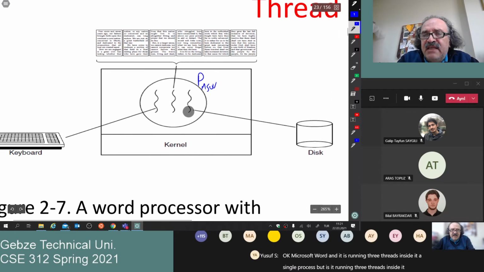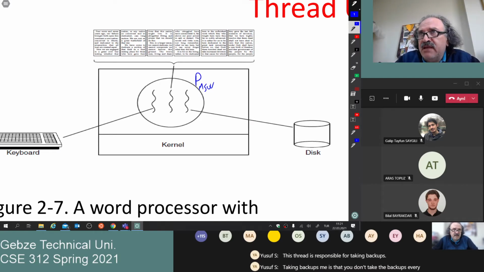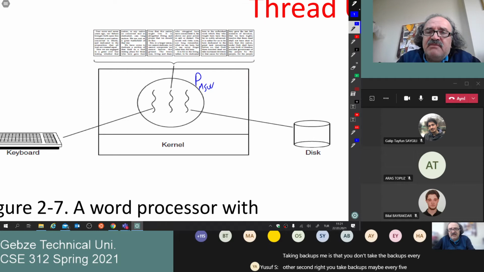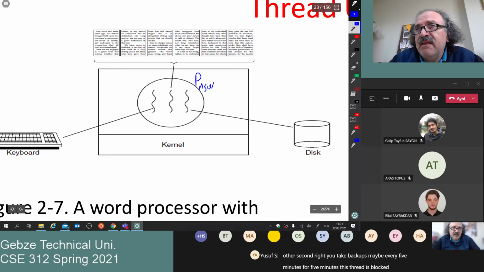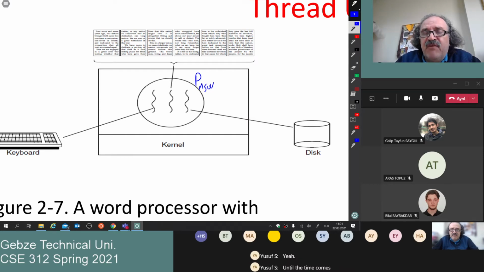This thread is responsible for taking backups. Taking backups means that you don't take the backups every other second; you take backups maybe every 5 minutes. For 5 minutes, this thread is blocked, waiting until the 5-minute interval comes, and then it takes the backup.